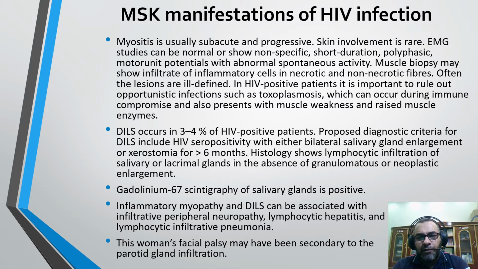Histology shows lymphocytic infiltration of salivary or lacrimal gland in the absence of granulomatous or neoplastic enlargement. Gallium-67 scintigraphy of the salivary gland is positive. Inflammatory myopathy and DILS can be associated with infiltrative peripheral neuropathy, lymphocytic hepatitis, and lymphocytic interstitial pneumonia. This woman's facial palsy may have been secondary to the parotid gland infiltration.